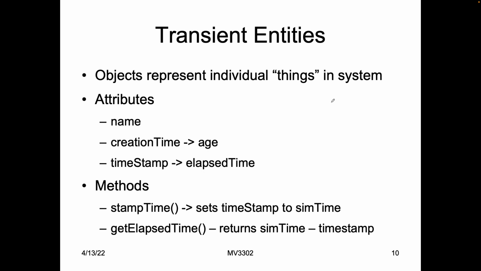Historically, this is something which came up in simulation modeling, and this is the terminology that they used. It actually predates what we know as object-oriented programming. Actually, the very first object-oriented language was a simulation language called Simula.